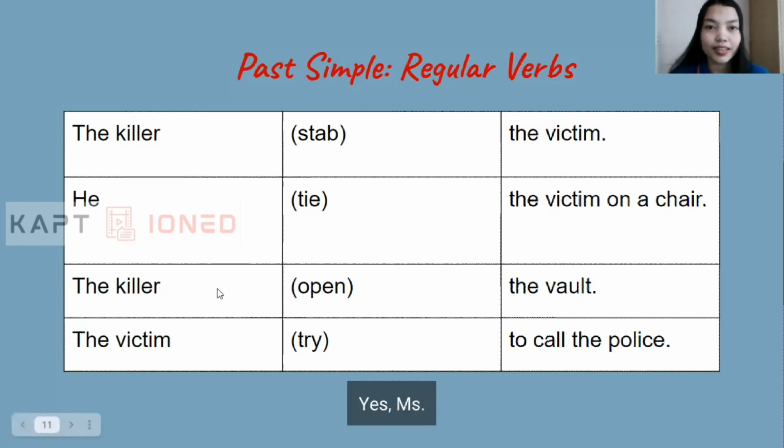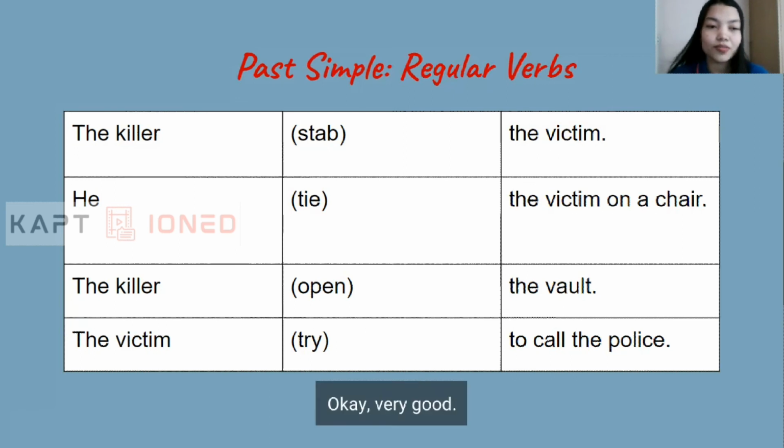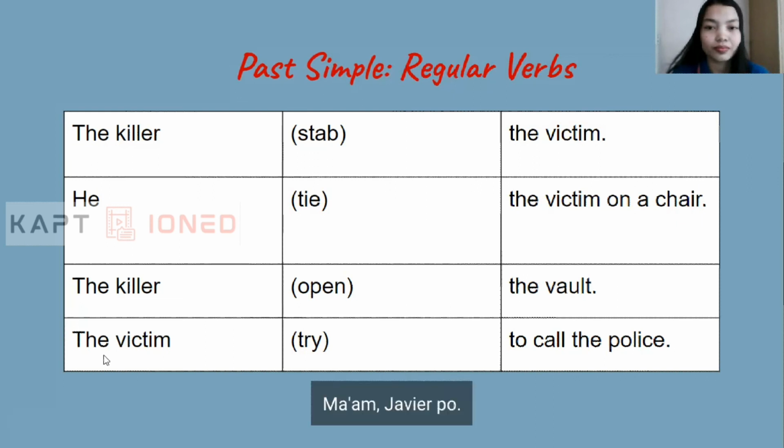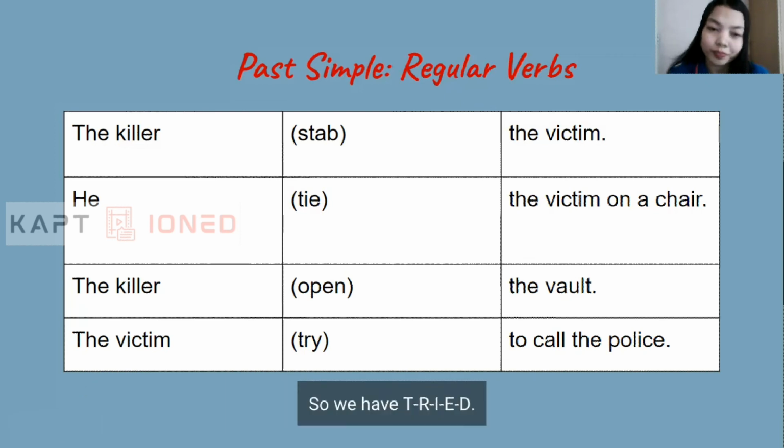Okay, very good. So for the third sentence, who wants to answer? Valentina, ma'am. Yes, Miss Tolentino. We are just going to add ed, so opened. Okay, very good. So for our last sentence, Ma'am Javier po. Yes, Mr. Javier. We replace the Y with an I and then add ED, so we have tried. Very good.